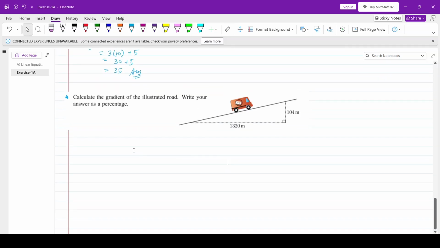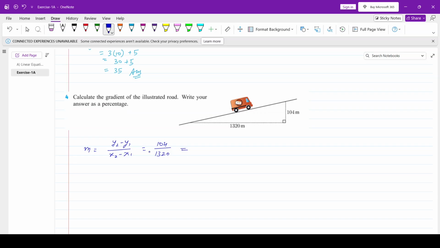Now question number 4 says, calculate the gradient of the illustrated road. Write your answer as percentage. So what is gradient? Gradient, we have said m is equal to y2 minus y1 divided by x2 minus x1. Now y2 minus y1, we have already been given this value 104, and x2 minus x1, that is 1320. Now the question is asking this answer as percentage.